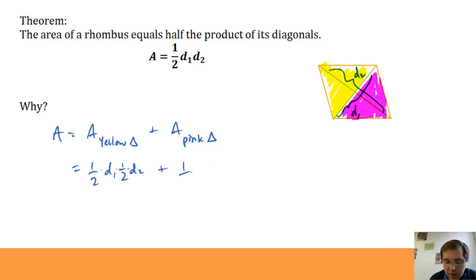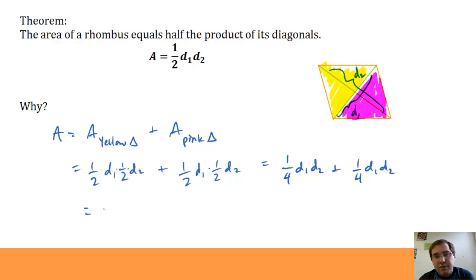Plus I'm going to take 1/2 the base of the pink triangle, which is also D1, times the height of the pink triangle, which is also 1/2 of D2. And so then I'm going to end up with 1/4 of D1 D2, 1/2 times 1/2 is 1/4, plus 1/4 D1 D2.